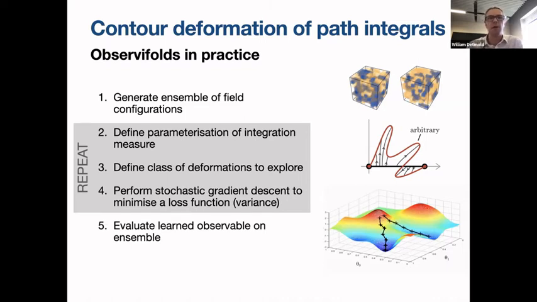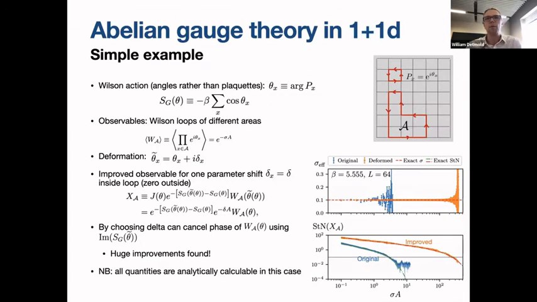So let's look at a simple example, and the simplest example is Abelian gauge theory in 1+1 dimension. So we can work with the Wilson action here, but I'm going to write it in terms of angles, which are the arguments of the plaquette variables rather than in terms of the plaquettes.